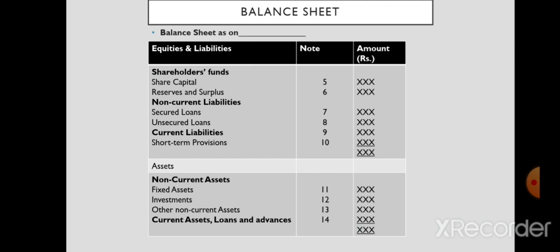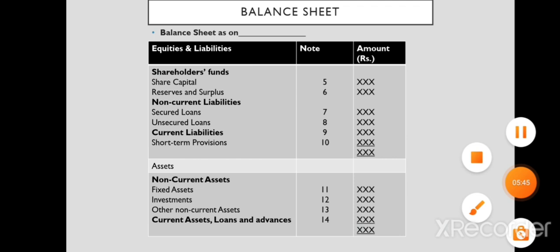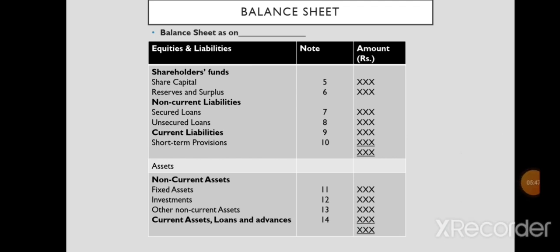Then we will prepare the balance sheet. As you are looking at, the format of the balance sheet according to the Companies Act is as shown, that is, we will prepare the vertical balance sheet. The heading is balance sheet as on a date, as we prepare the balance sheet as on that date.